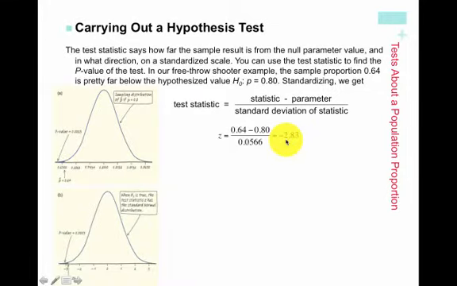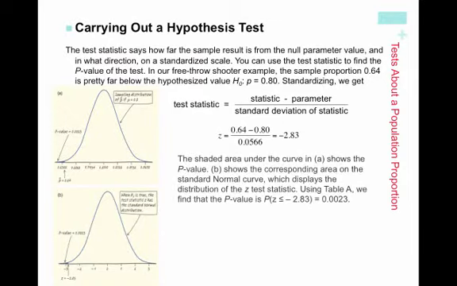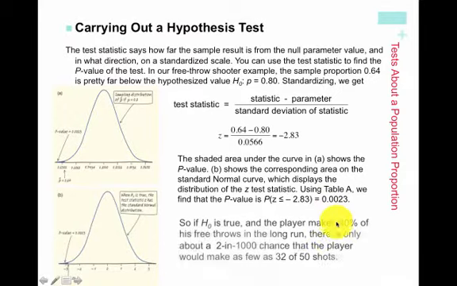Using table A or using our graphing calculator, we can calculate that our p-value, the probability that we get values below 0.64, or z-scores below negative 2.83, is 0.0023.